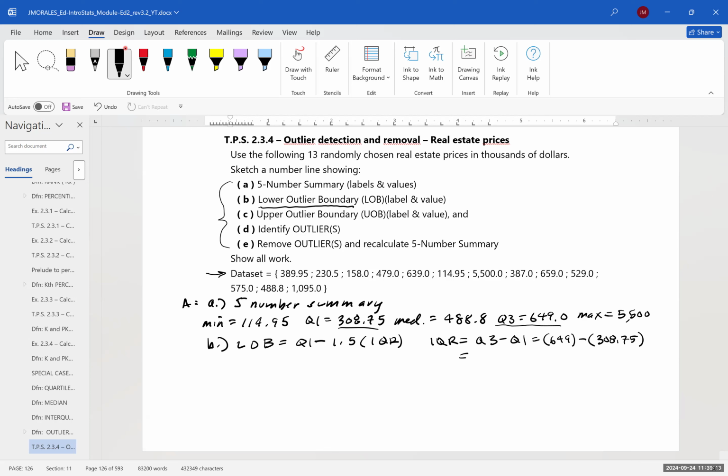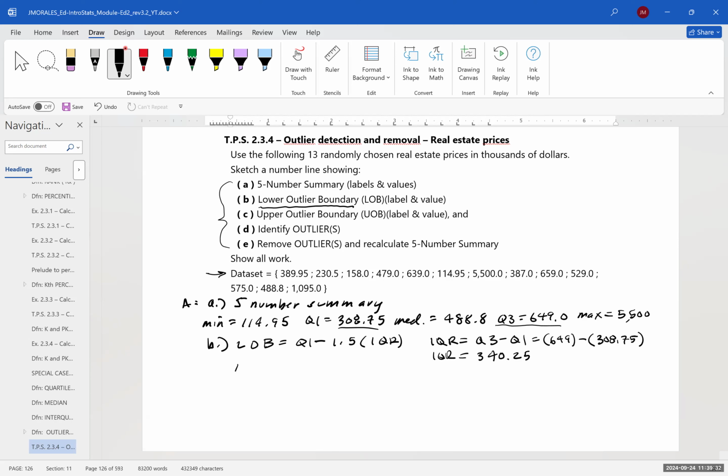And so the interquartile range, when you use your calculator to take 649 and subtract from it 308.75, that should give you 340.25. So that's your interquartile range.